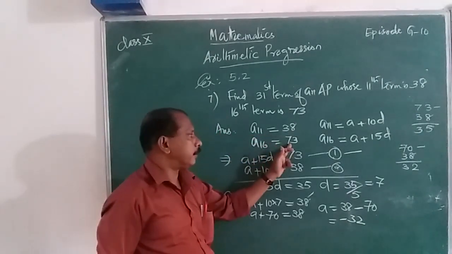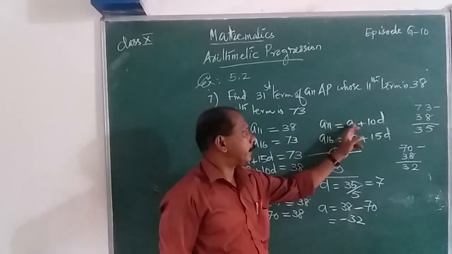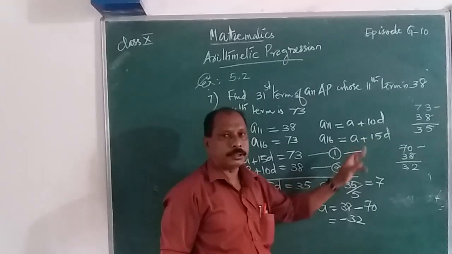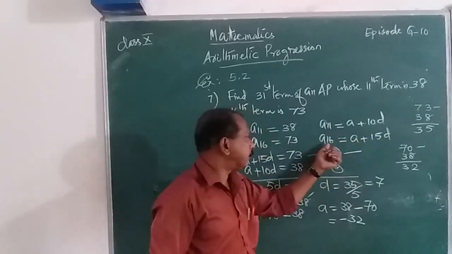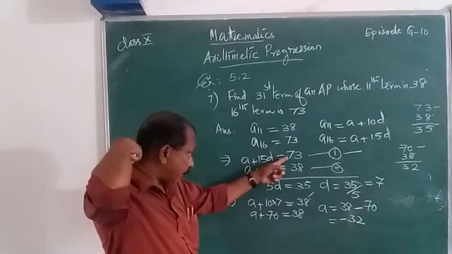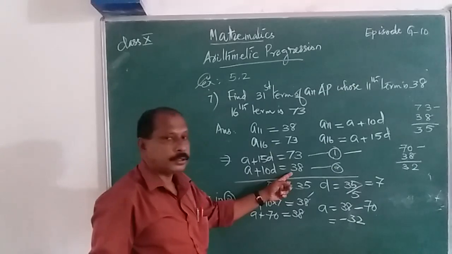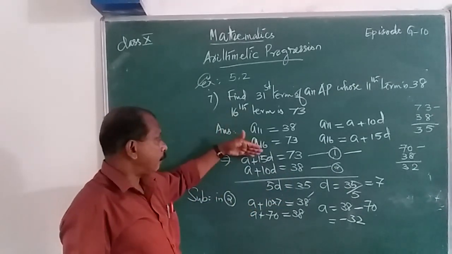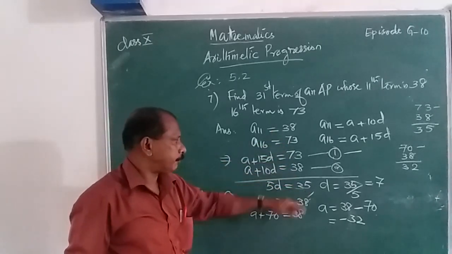Once again, the 11th term is 38, therefore a11 is equal to 38. 16th term is 73, therefore a16 is equal to 73. What is a11? A plus 10D. a16 is equal to A plus 15D, is replaced by 73, that is first equation. And a11 is replaced by 38, that is the second equation. Subtracting cancels the A. Then 15 minus 10, that is 5D. 73 minus 38 is 35.